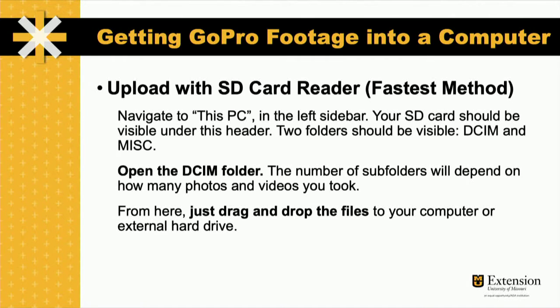You go into the folder that is DCIM, and inside there's going to be some subfolders. Normally I only have one, but if I do a lot of photos along with the video, I might have two. And from there you just drag and drop that to where you want to store it on your computer.